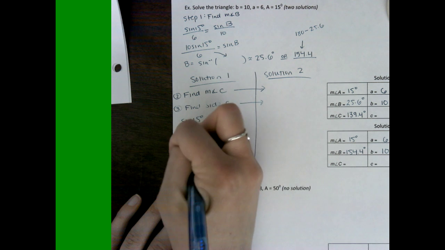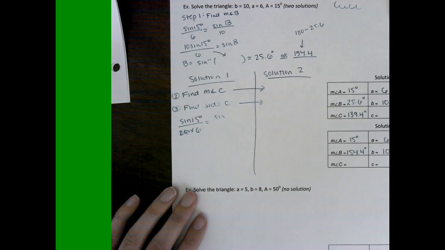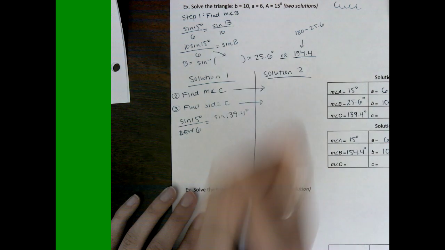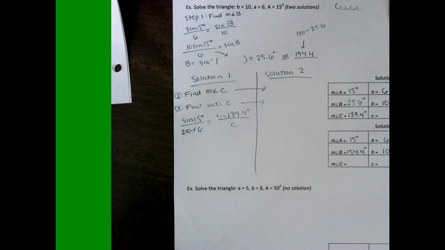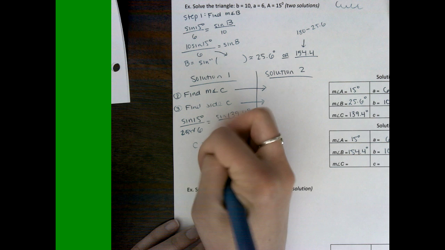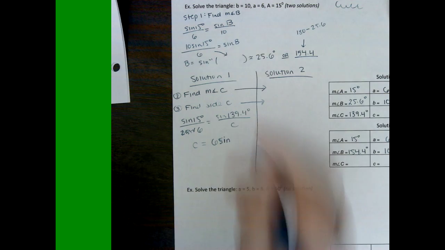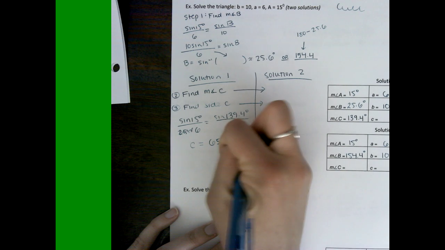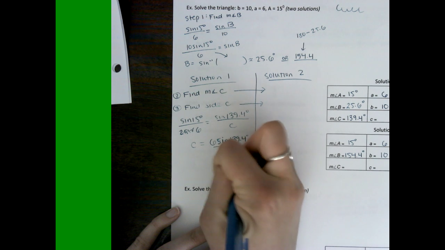Over 6 equals sine, this pen is not working too well, over sine of 139.4 degrees over C. And so we'll end up getting C equals 6 sine of 139.4 over sine of 15.